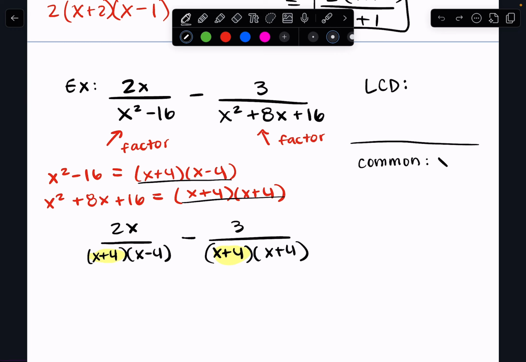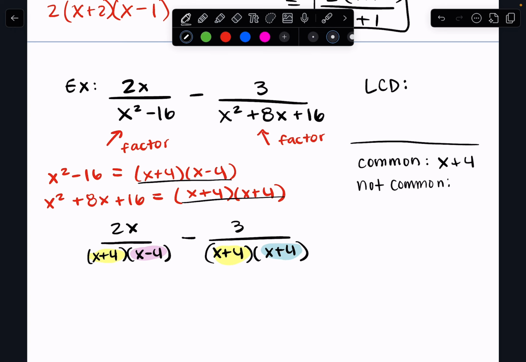And what's left over? What is not listed there? So not common. Let's see, we're missing an x minus 4, and we're also missing an x plus 4.